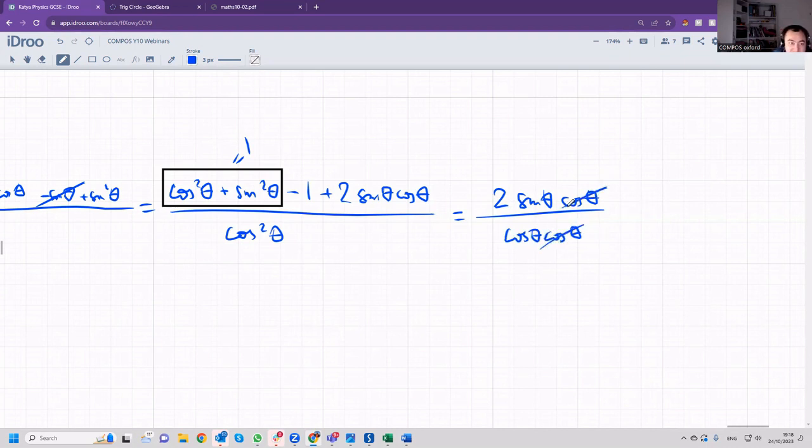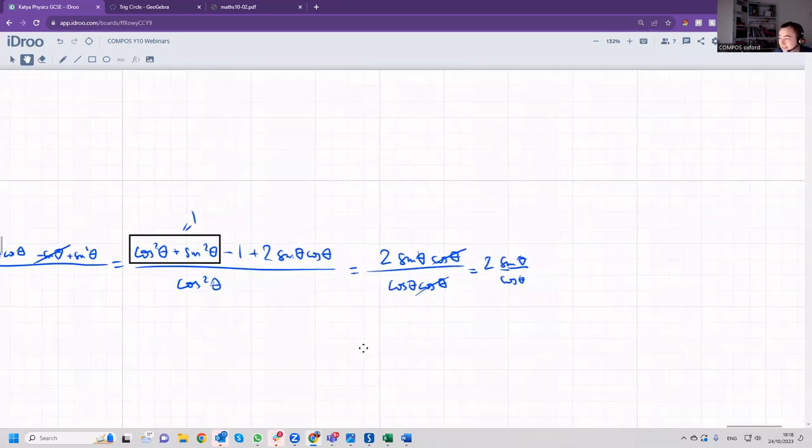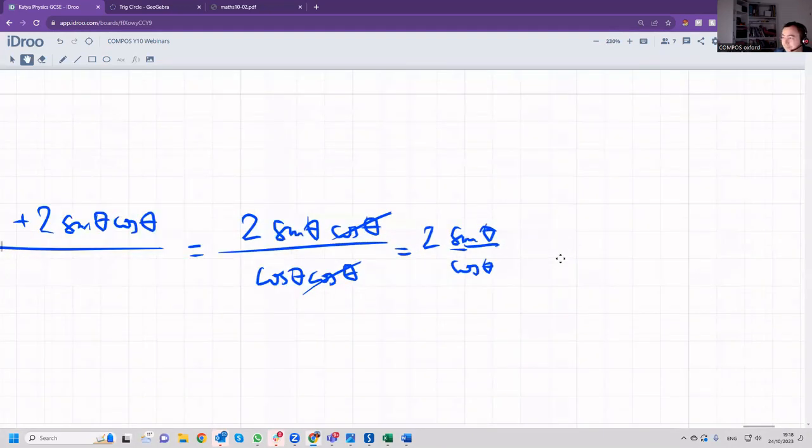Cos cancels, and we have 2 sine theta over cos theta. And sine theta over cos theta is tan. So it's 2 tan theta, which is QED.